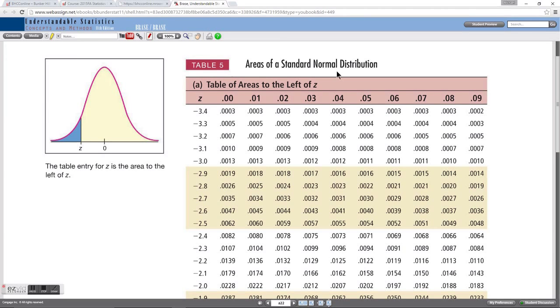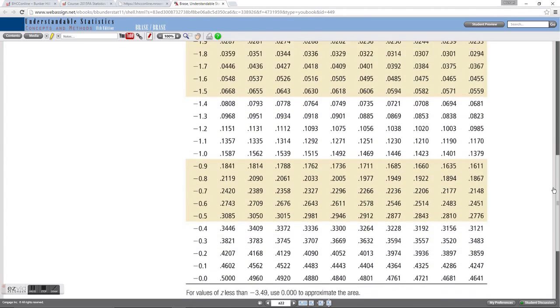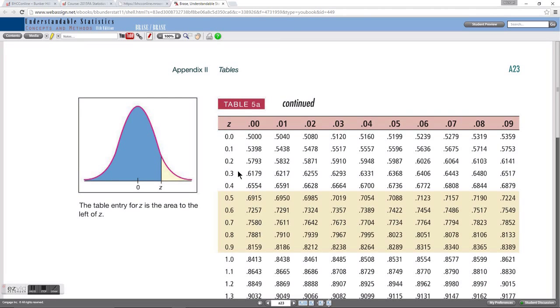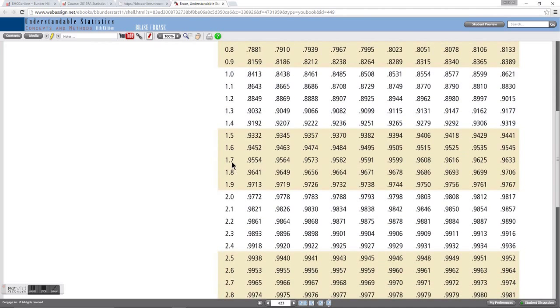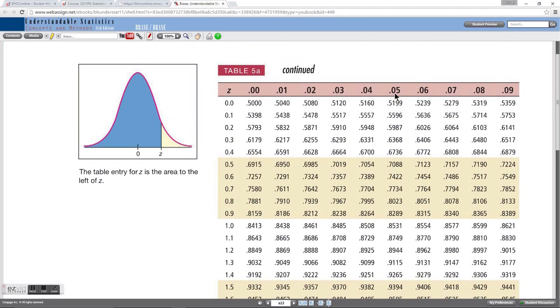Going back to my table, I want to make sure that I'm looking up positive z 1.75. So I'm going to flip to the page that has positive z values and go down the left column and look up 1.7, and across the top row I'm going to look up the hundredth digit of 5 to give me 1.75.